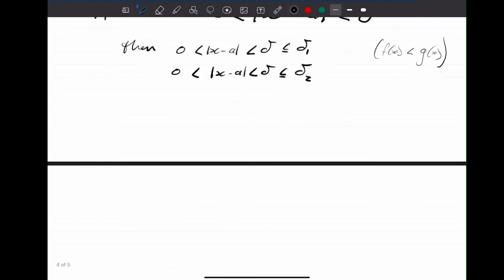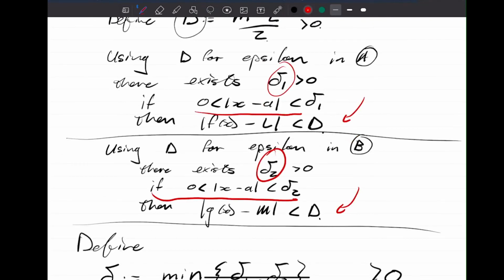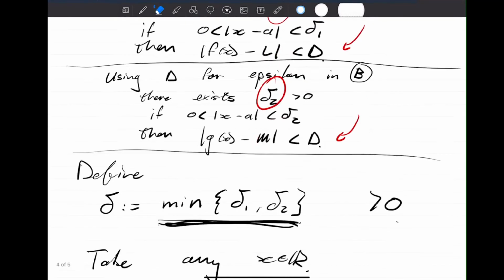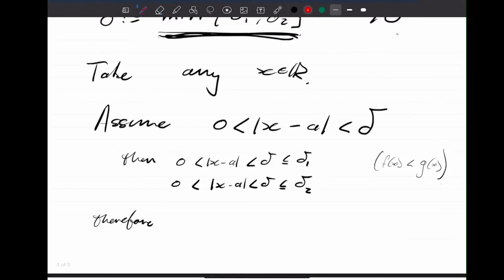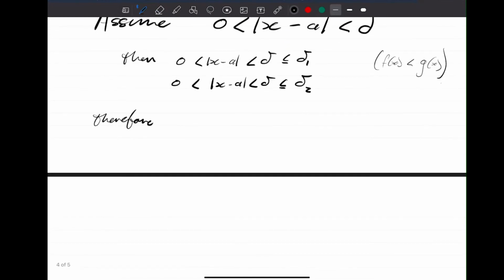And therefore, we now have both of these hypotheses satisfied. So for this x that we took, both of the above hypotheses are satisfied. So therefore, we obtain that the conclusions are true. So therefore, we have absolute value of f of x minus L is less than d, and absolute value of g of x minus m is less than d.